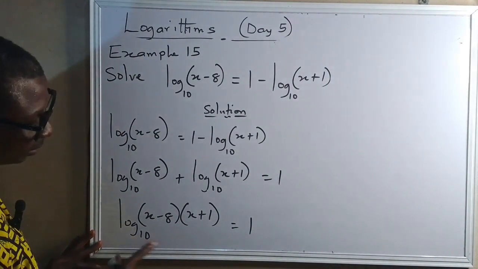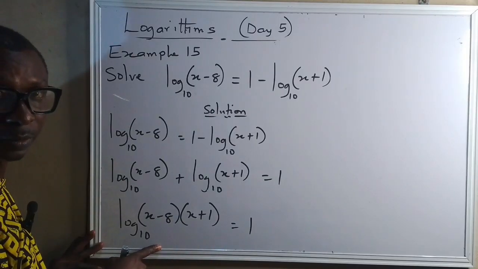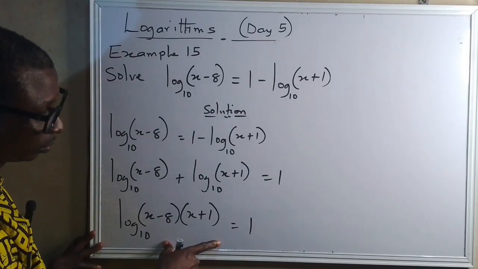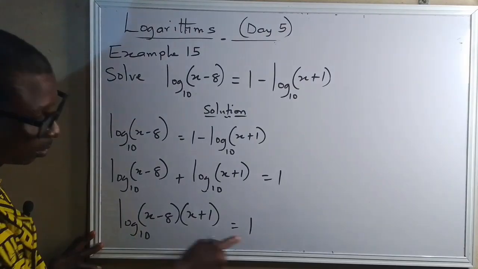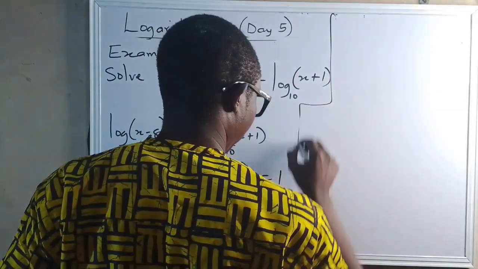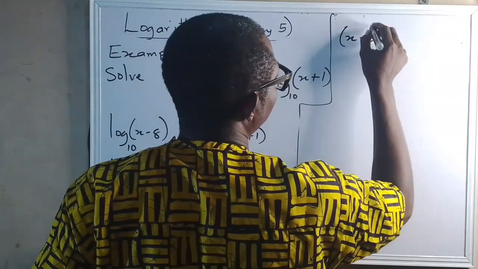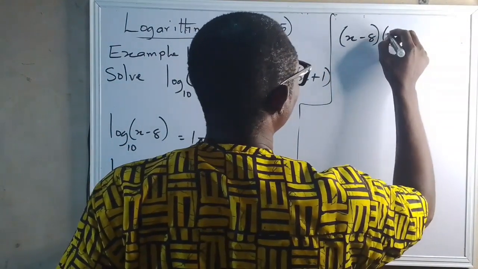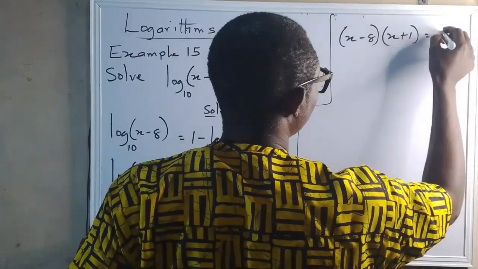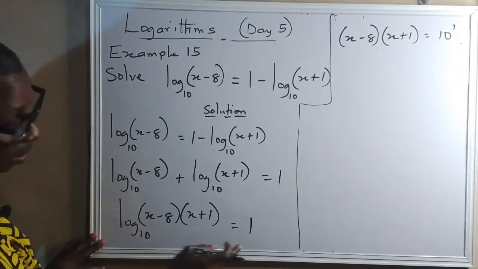The next thing is to change this logarithmic equation to indicial equation. Okay, so when you turn it to indicial equation, this base comes here. So you have (x minus 8) times (x plus 1) equals 10 raised to the power of 1. All right? Do you know when this one comes here?